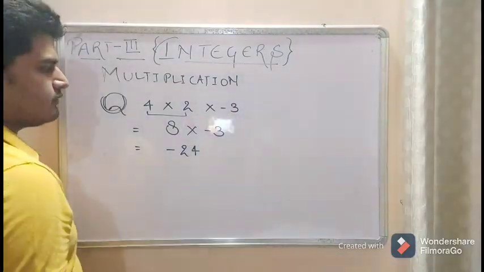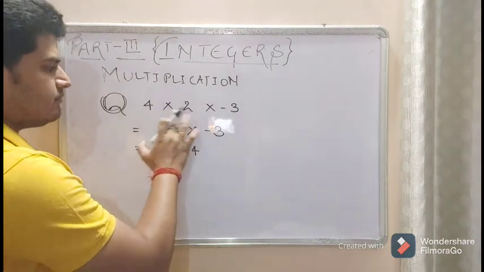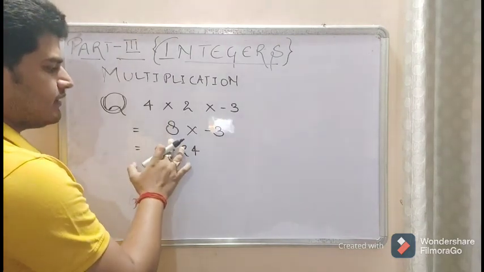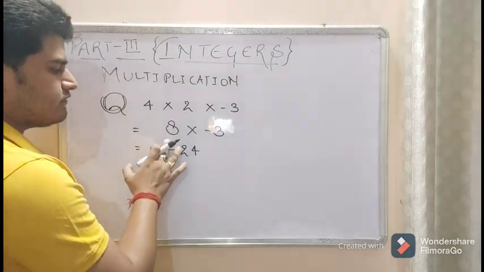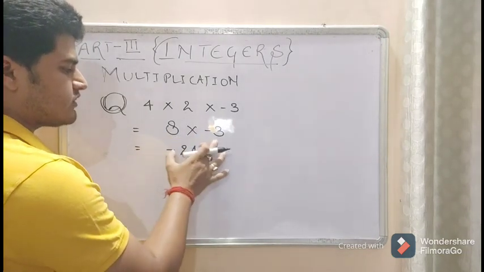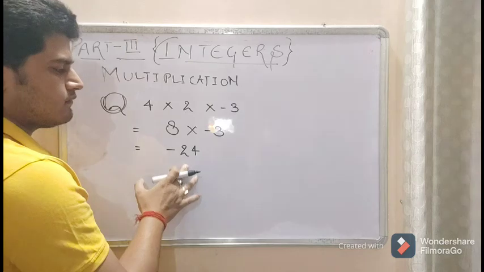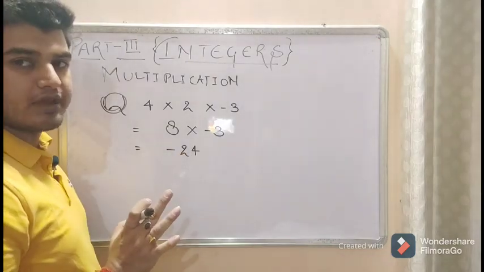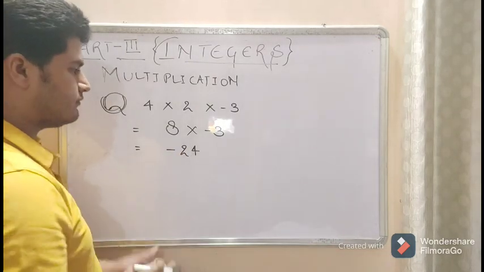3 numbers were there, 2 numbers taken at a time, multiplied, positive positive, result positive, then again 2 numbers, positive negative, result negative. The multiplication process is the same. Fine.